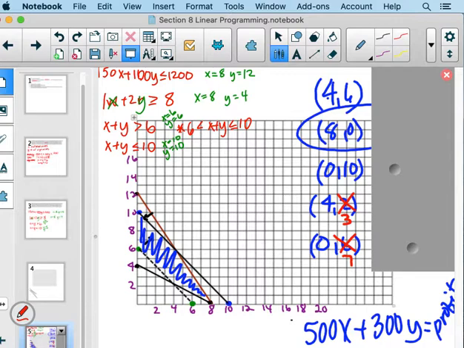So those are all of the corners of our feasible region. On your paper, I need you to write down those corners, and I need you to start testing them in your profit equation. I need you to calculate the profit for all of those ordered pairs.